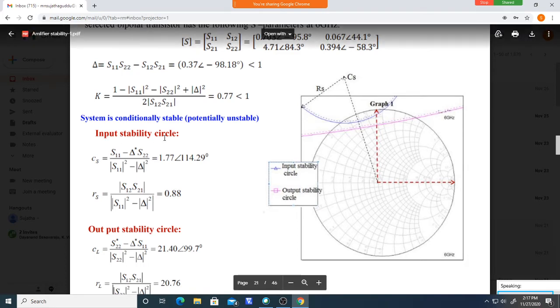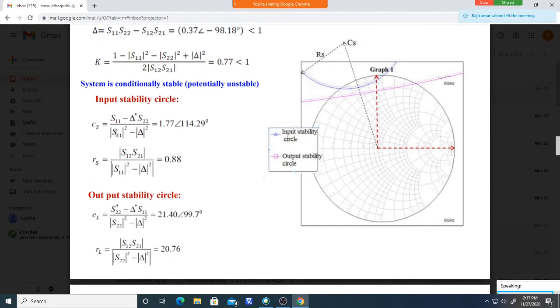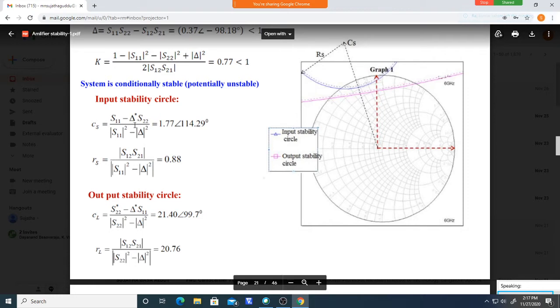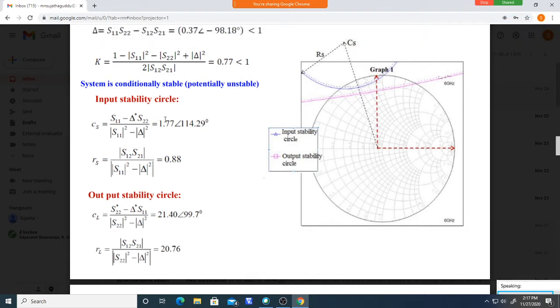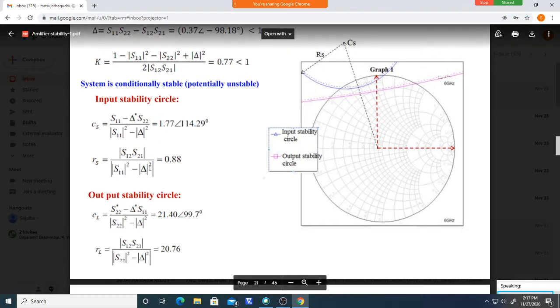First, the input stability circle. The center of the circle and the radius of the circle are given by these equations. From this, the center of the circle we got is this.